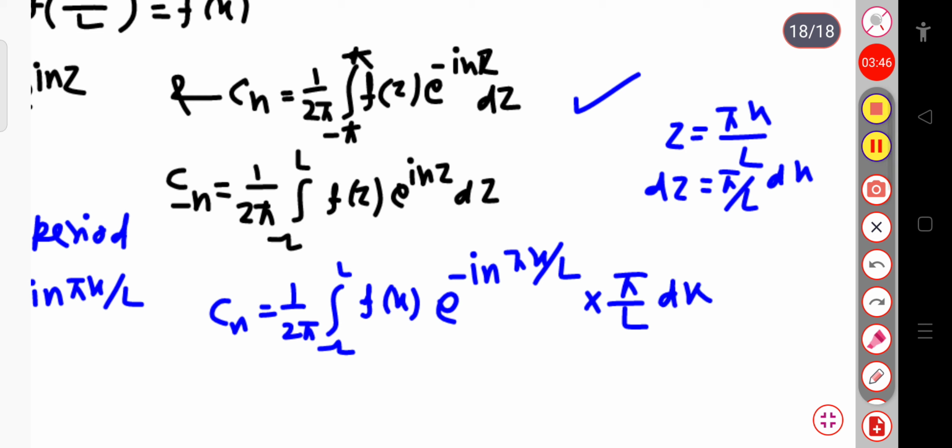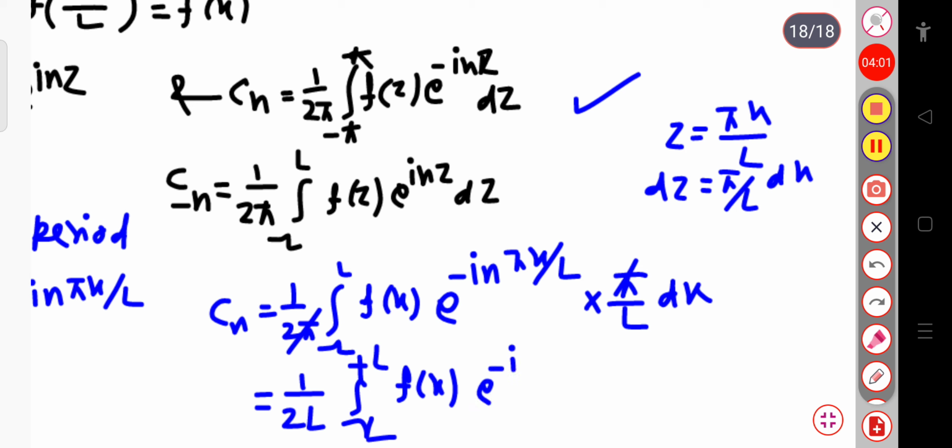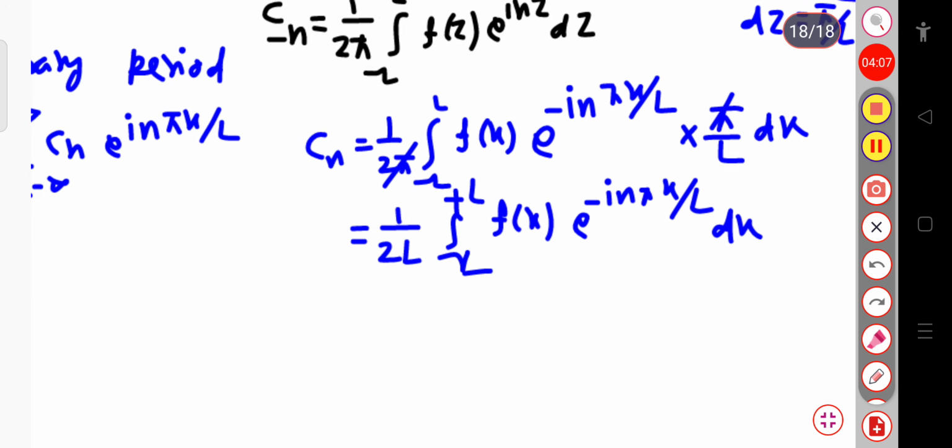So the pi gets cancelled, and Cn equals 1 by 2L times the integral from minus L to plus L of f of x exponential minus i n pi x divided by L dx. So this is the Cn.